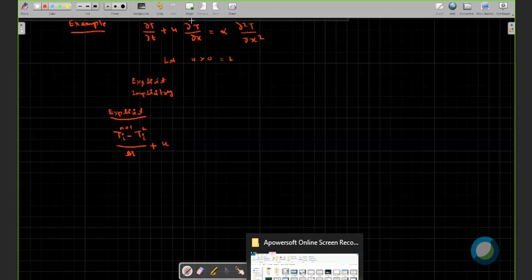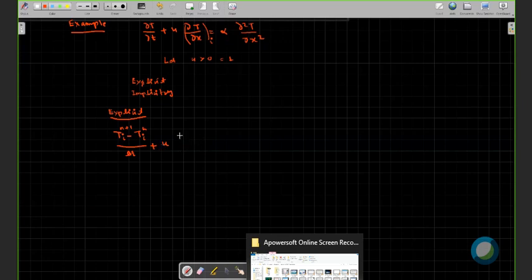Now how will you discretize this dT dx at I? What method will you use? Will you go for a backward difference or a forward difference? Since u is positive, you have to go for the backward difference.